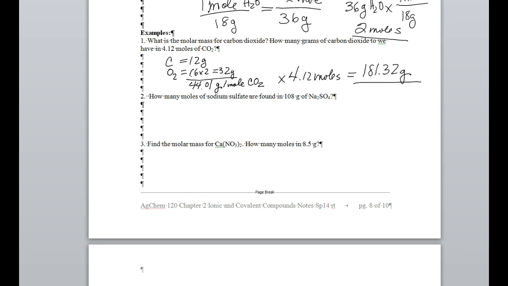So all they want you to do is figure out how much is in 4 moles. So we take 4.12 moles times 44.01 grams per mole of CO2. And the labels cancel out here. And when Eddie did his arithmetic, he came up with 181.32 grams.